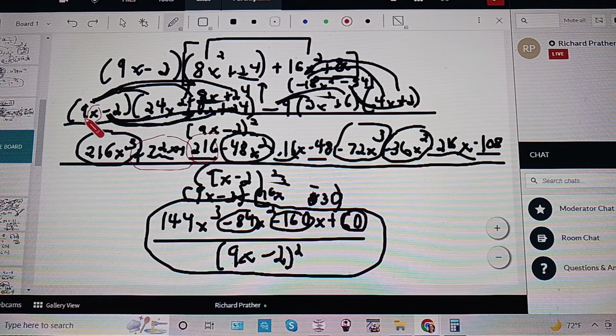I did 9x times 24x squared is 216x cubed. But for some reason then I dropped the x. It should have been 9x times 8x is 72x squared. I didn't have the square right here. And I didn't do it on the last one either. 9x times 24 should have been 216x.